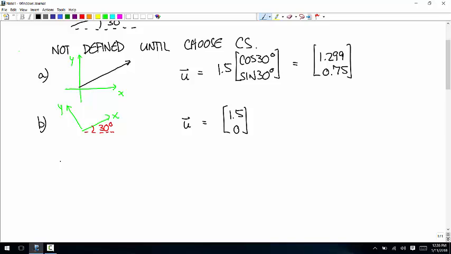And so now some calculations that are going to be important to us. First one is, well, let's do adding two vectors first.